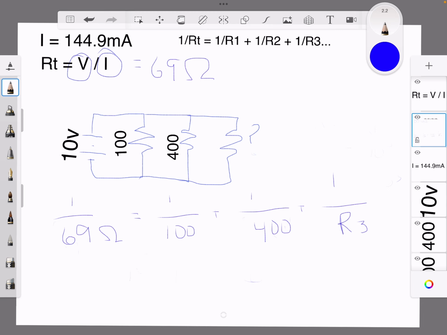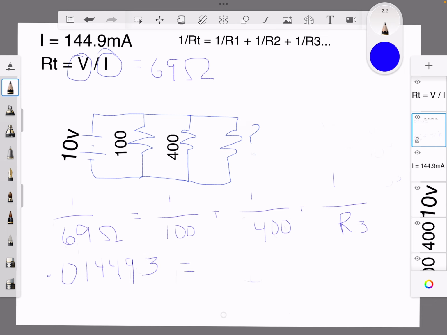Now, you have 1, 2, 3 division problems that you need to do first. So let's go to our calculator. We're going to do 1 divided by 69, and this is going to be a tiny number. That is 0.014493, and I'm going to round it up to make it 3.